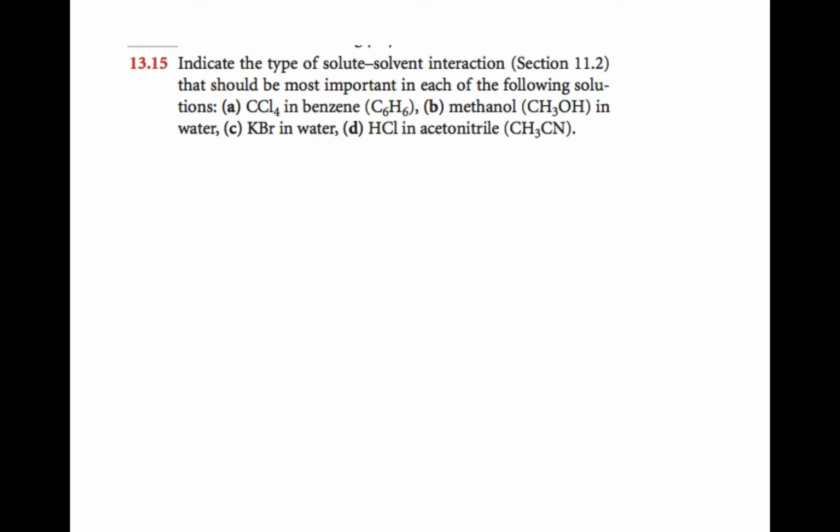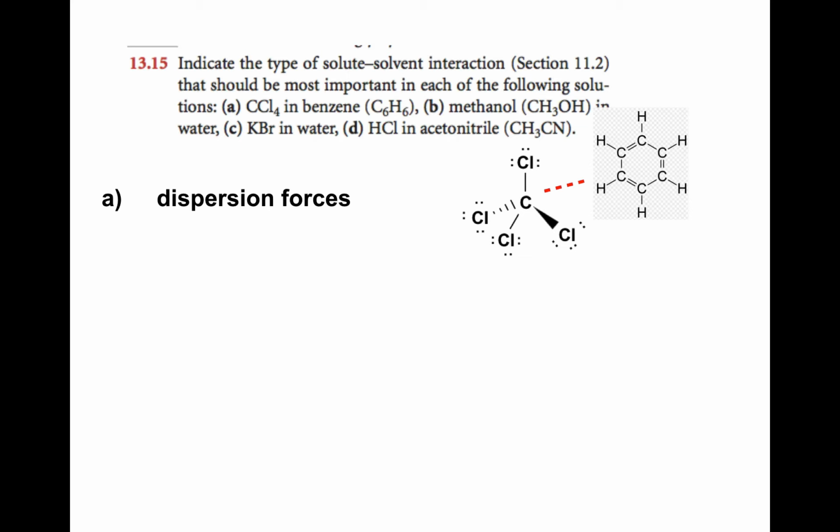All right, so with A, tetrachloromethane is nonpolar, benzene is nonpolar, so all you're left with is dispersion forces, induced dipole attractions. Methanol has an OH group, water has an OH group, so hydrogen bonding would be the primary interaction between the solute and the solvent.